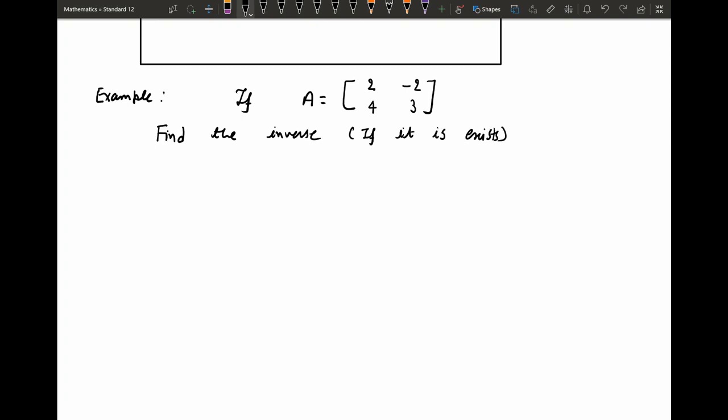So here for 2 by 2 you can do the actual calculation, but we will use a shortcut.